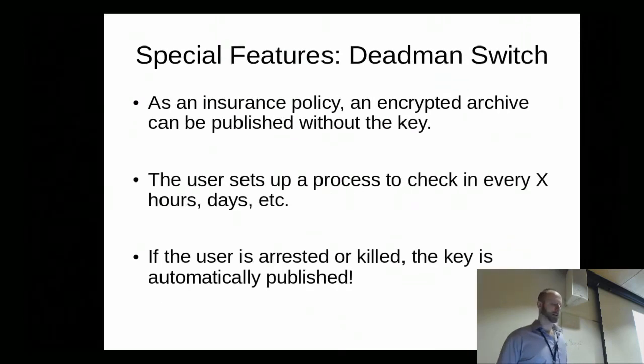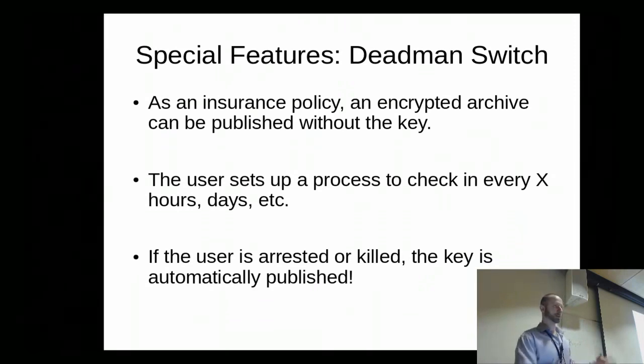I began implementing another feature, a dead man switch, and this is pretty interesting. This can be an insurance policy for some people in some very special situations. The idea is that you would publish an encrypted archive, except that the last block doesn't have the key.